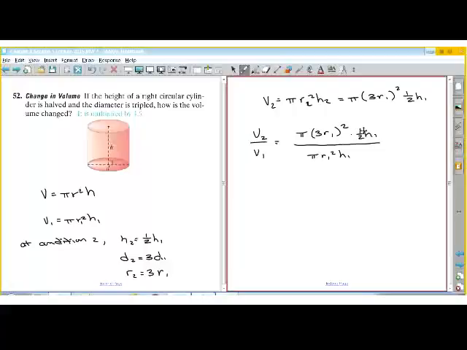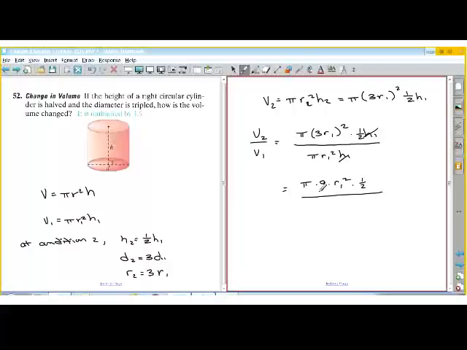What you'll see is that by doing this ratio, the heights cancel out, but the ratios I dealt with remain. When I square this quantity, you square 3, which is 9, and you square r1, which is r1 squared. 3r1 squared is 3 squared times r1 squared.